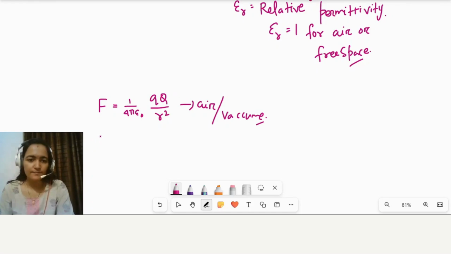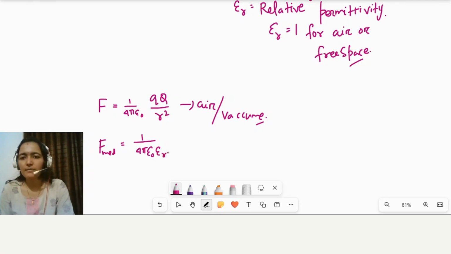Now for example, if the charges are inside some other medium, like oil or any dielectric medium, in that case epsilon r will be different, got it. So in that case we write F medium is equal to 1 by 4 pi epsilon naught, as it is, after epsilon naught just write epsilon r, because it will be different, not 1. Only for air or vacuum it is 1, other things as it is, QQ by R square, got it.